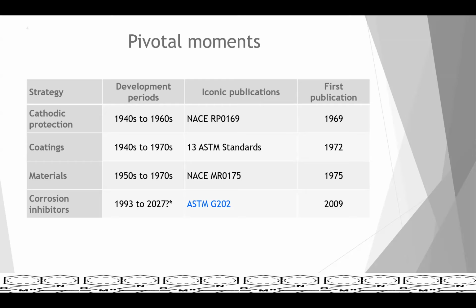For coatings, the industry took almost 30 years. For materials, it took another 20 years. It's a long process, but for corrosion inhibitors, this was identified as an issue, at least in Canada in 1990s, and we are still working on it. Hopefully, by the end of this JIP, we should be able to have a consensus iconic standard published and being used across the world.